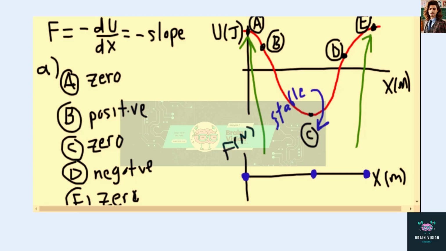Initially, we have a negative slope, which would be a positive force, so the maximum positive force would be right about in here. The maximum negative force would be right in here somewhere, but the slope's a little bit less, so it would be slightly lower in magnitude.